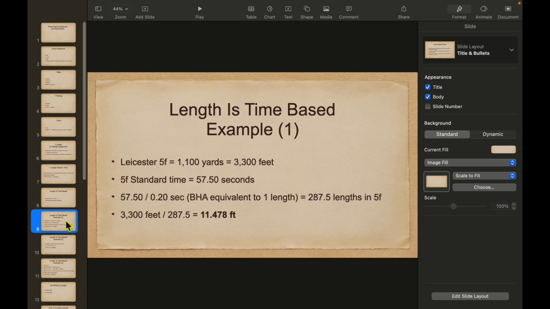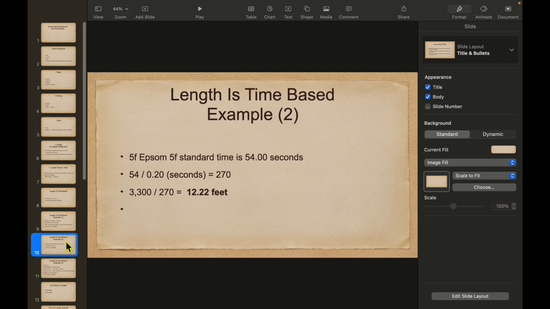So if we divide 57.5 by 0.2 seconds, which is the BHA equivalent to one length, we discover that that is 287.5 lengths in the 5 furlongs. If we then divide 3,300 feet by this number of lengths, 287.5, you will find that a length at Leicester over 5 furlongs is 11.478 feet. That's a big horse.